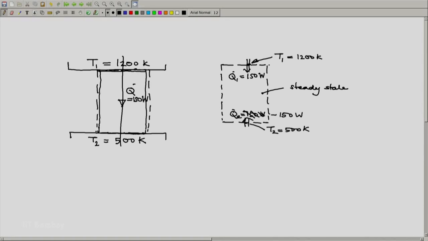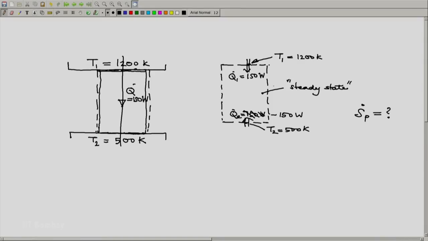That means over time its state does not change, and we are asked to determine what is the entropy produced by the conductor, or in the conductor. This is the entropy production rate. We have seen that entropy produced has the units of joule per Kelvin or kilojoule per Kelvin. Here it will be watt per Kelvin or kilowatt per Kelvin.